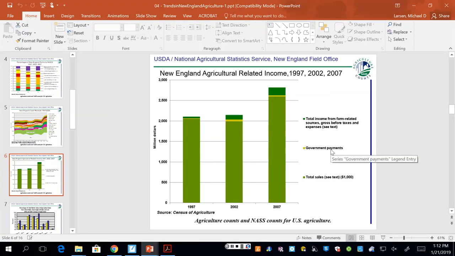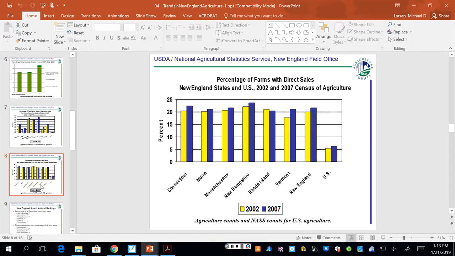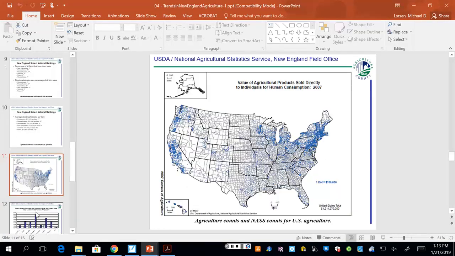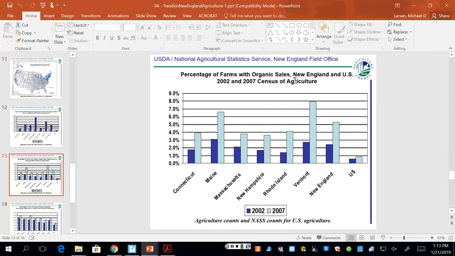So there are a few different categories they're splitting it by. State, percent of total market agricultural sales from direct sales in New England. Here's Vermont. So these are quantitative ones. Eventually we get to some down here, other pictures, organic sales as percentage of all agricultural sales.